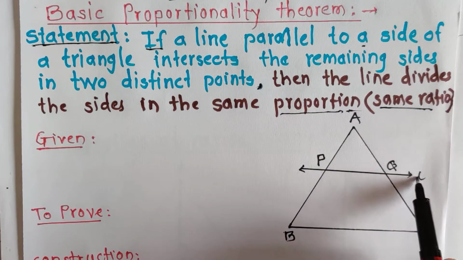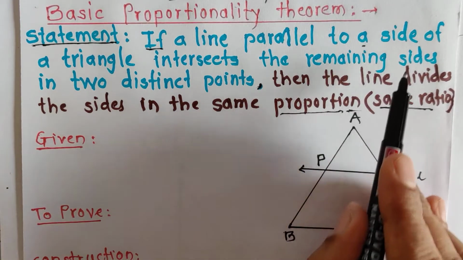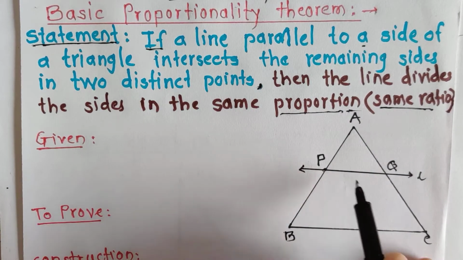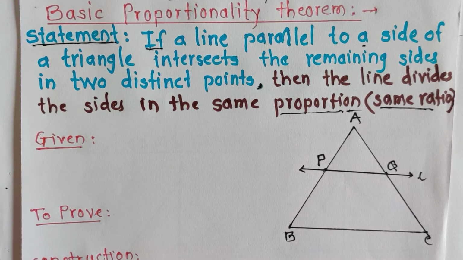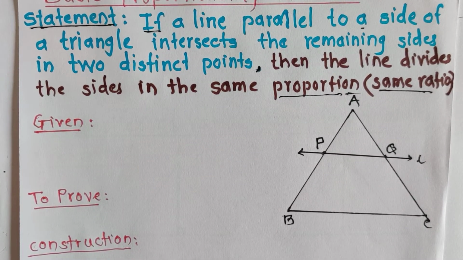Suppose this line L is parallel to side BC and intersects the remaining sides, meaning side AB in P and side AC in Q. So here the figure is the first thing. So first point, draw the proper figure, because without a figure there are no marks, no credit, 0 marks for the theorem.